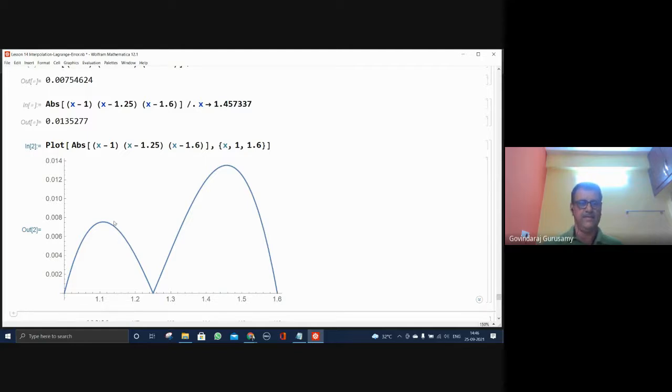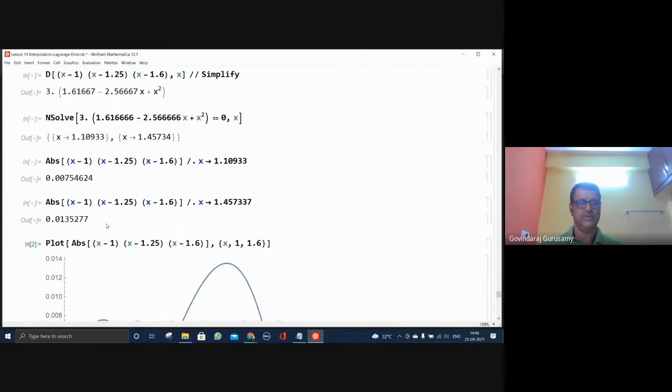Now, where is the maximum? How do I find it? Maximize this function. What am I supposed to do? Take a differential of this, which means at some point it goes to 0. So where is the differential?